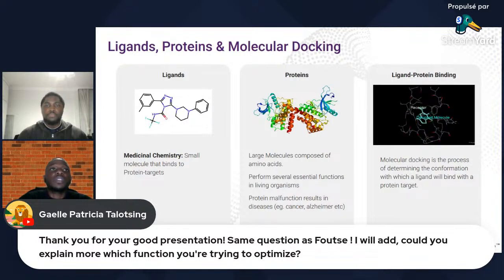Different molecules bind better compared to others. So what we are optimizing is what we call the docking score. Literally it's not something we control. What we do is we generate the molecule, we get the protein information, and then we give it to a tool that does the docking for us.